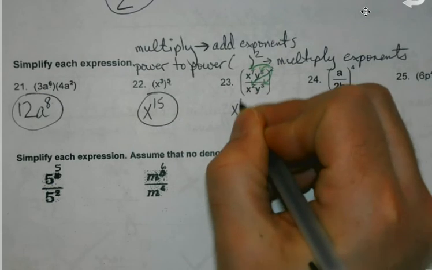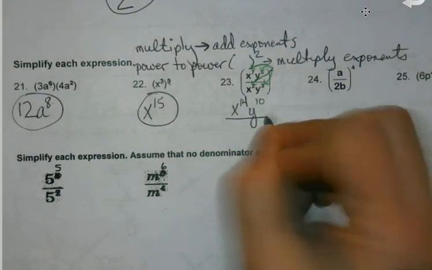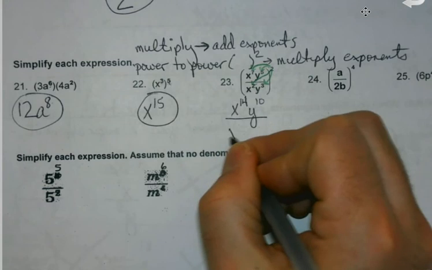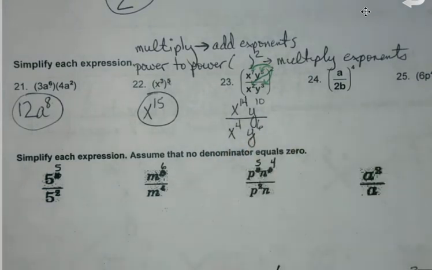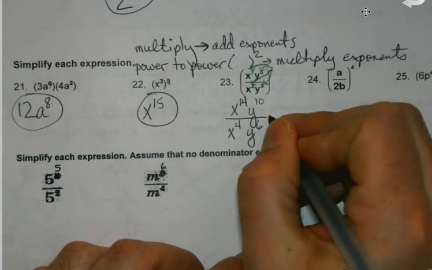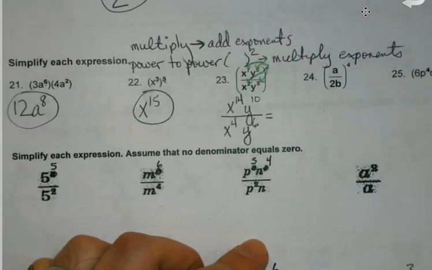So x to the 14th, y to the 10th, over x to the 4th, y to the 6th. And now I use my division rules that I was just talking about. We're going to subtract exponents. So 2 questions. Where are my x's going to end up, and what's my exponent going to be?